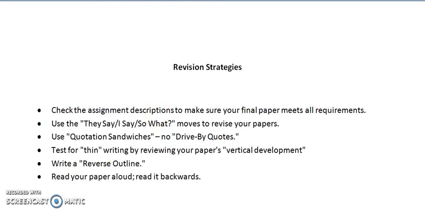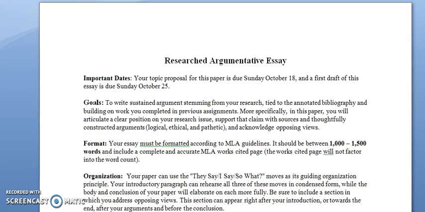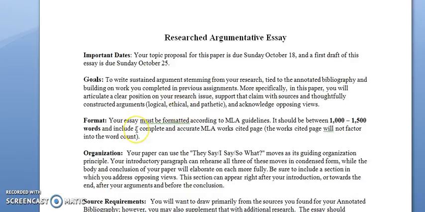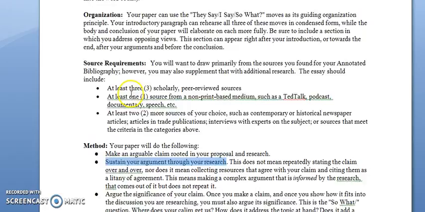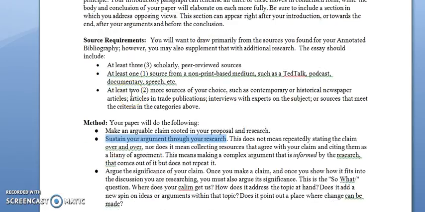For instance, this is the assignment description for the research argumentative essay. There are some very explicit guidelines about formatting and organization and requirements. But you can also find implicit or evaluative criteria in other ways in which I talk about the assignment, like make an arguable claim. I'm not just asserting something that's established fact. I make sure that my claim is something that needs persuasion behind it.